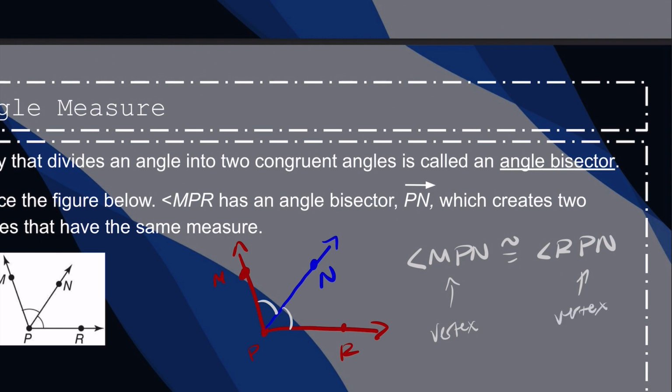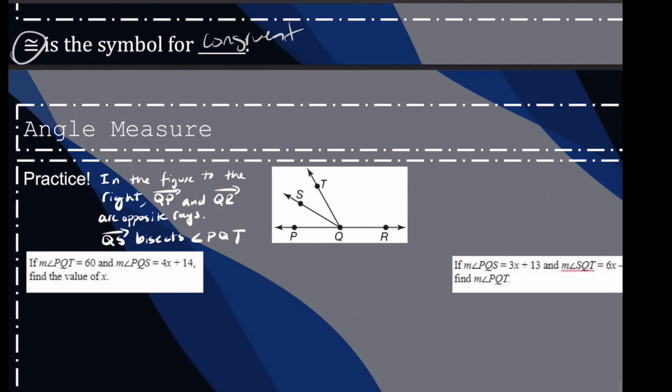It has to be in the middle, right? So MPN is congruent to RPN. And when it comes to the bisector, it cuts the original angle in half. All right, so let's go ahead and start practicing with angle bisectors.